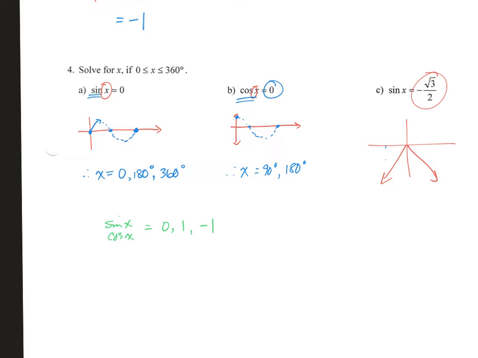Now I can create my triangles, opposite side, hypotenuse, opposite side, hypotenuse. I recognize then that that's going to give me 60-degree related acute angles, and therefore, to answer the problem, x would have to be in the third quadrant or in the fourth quadrant.